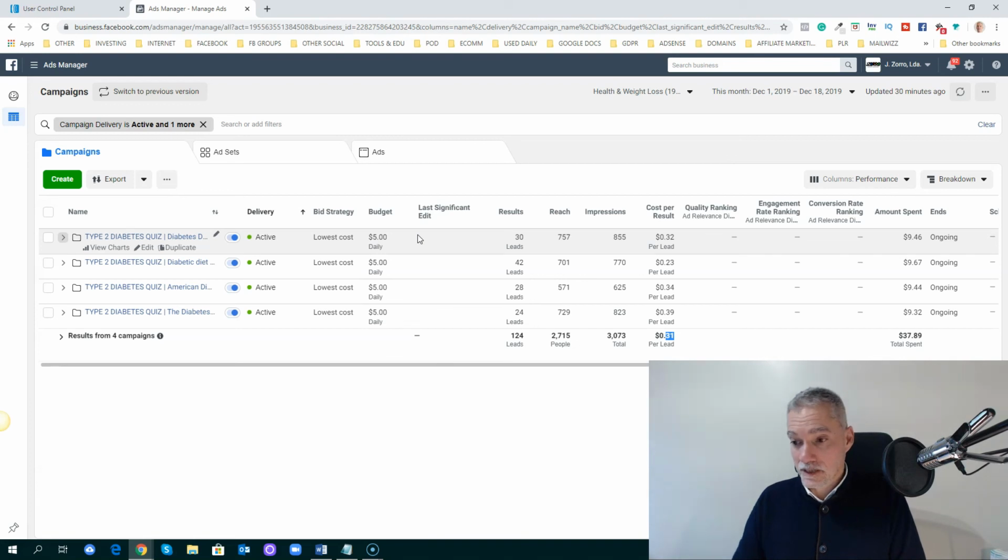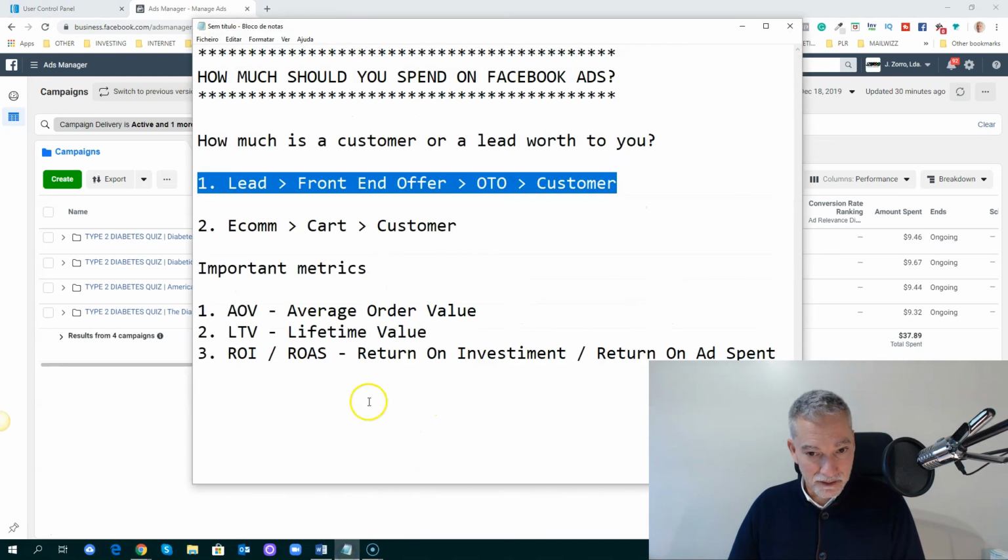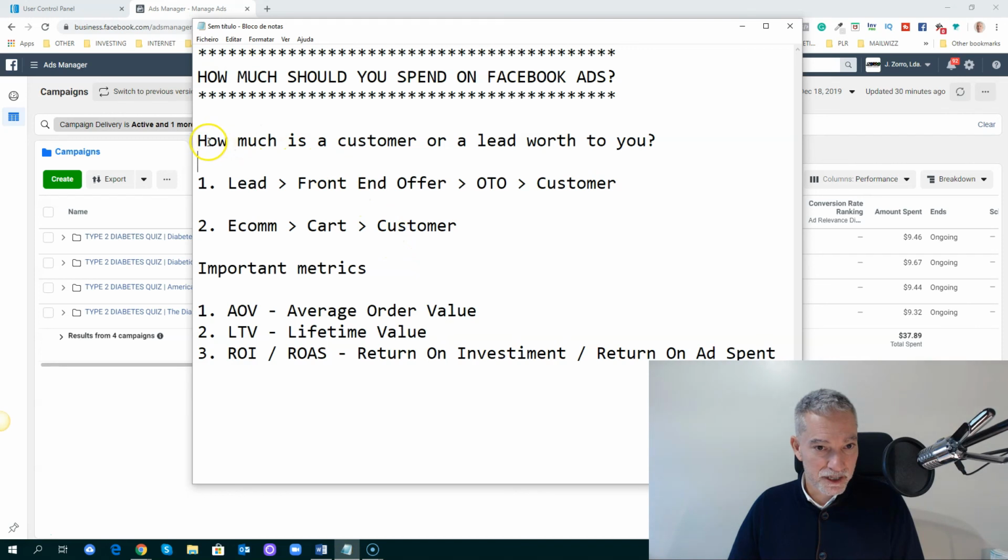Okay, so just recapping, the main question here is, how much is a customer or a lead worth to you? Okay, if a lead gives you $5, you will need to spend less than that in order to have a positive ROI. So if you spend $4 and a lead is worth $5, it's okay.